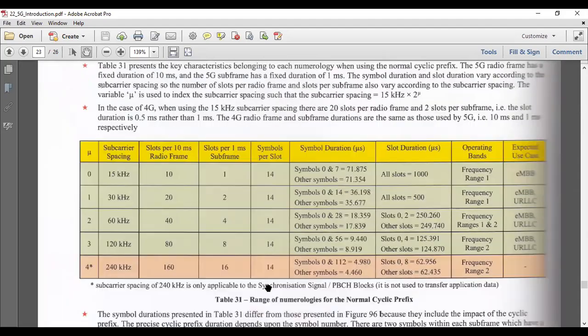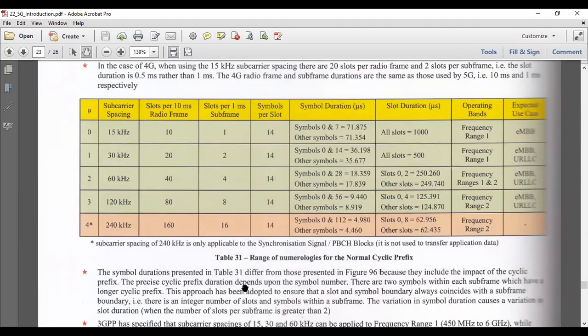So here is a list, and you see that this 240 kilohertz is used only for some control channels. PBCH is the one that carries the MIB, master information block. It's a complete list of all symbol lengths and how much the periods are.